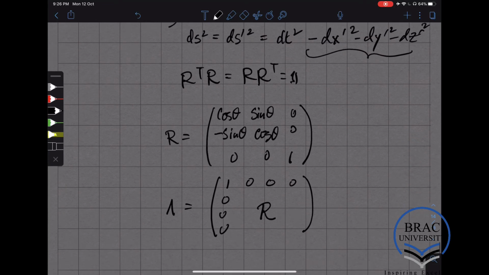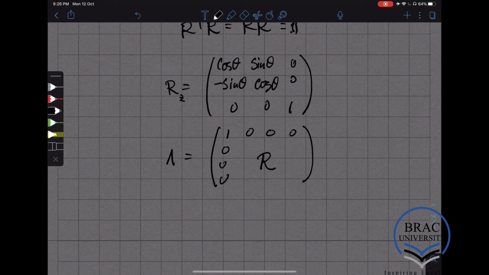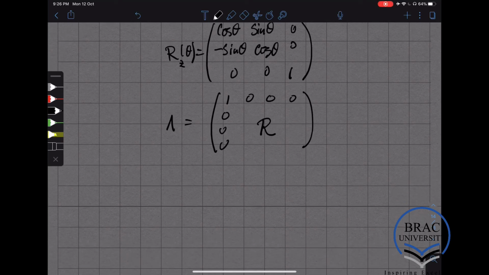So these are the first type of Lorentz transformation. Let me call this, say, Rz of theta. This means that it's a rotation around the z-axis by the angle theta. So this is one kind of Lorentz transformation.